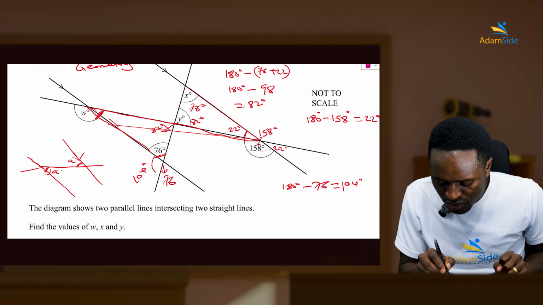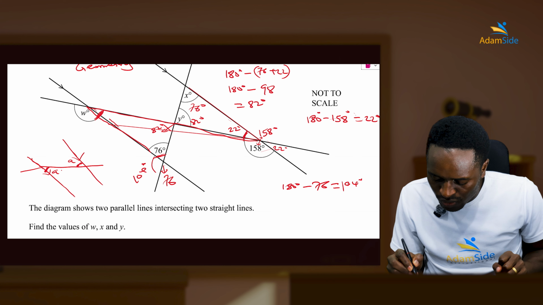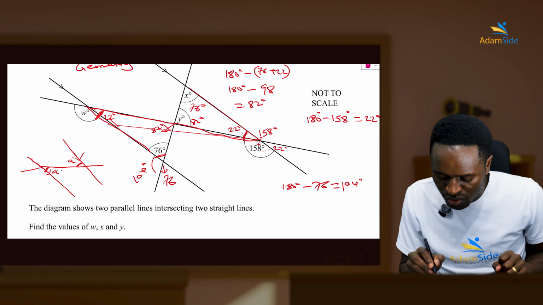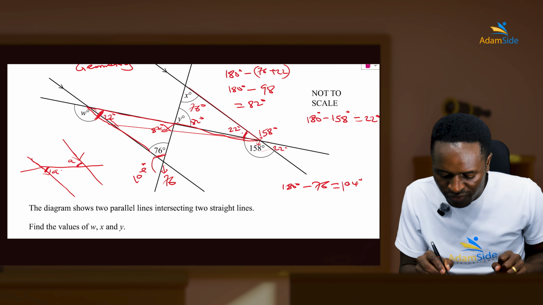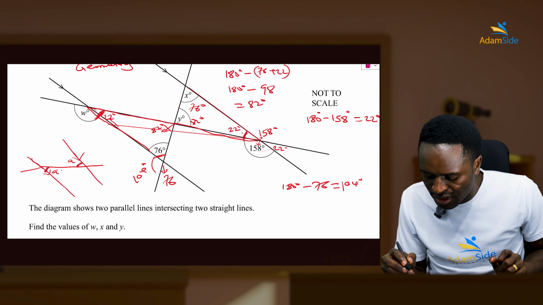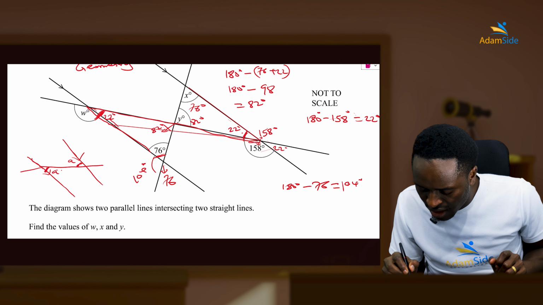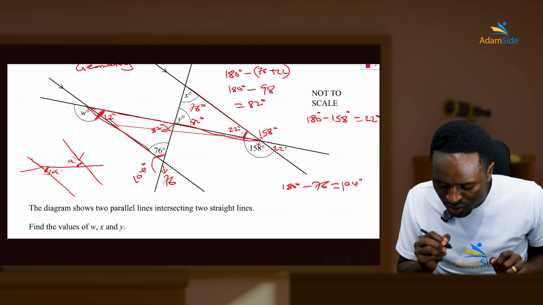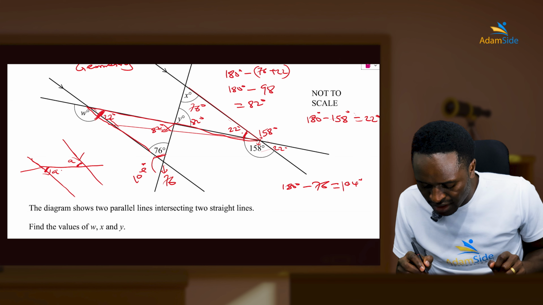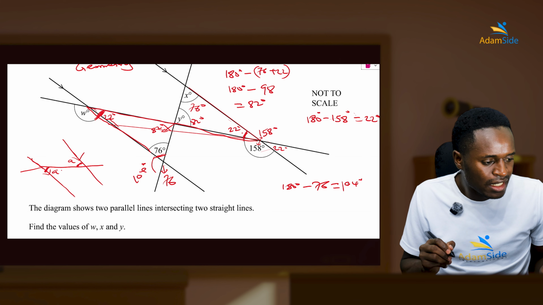So in that case, we form an alternating angle. So this 22 is also 22 to that. So we have 22, 82, 76, and 22. So if this is 22, what will be this angle here? Obviously, this angle 158 corresponds to W. So you can see this W is 158 degrees.